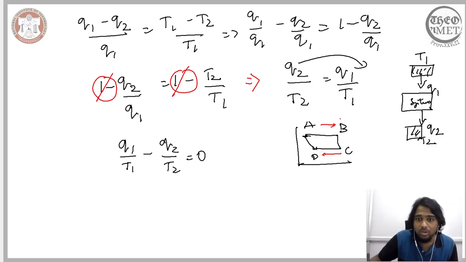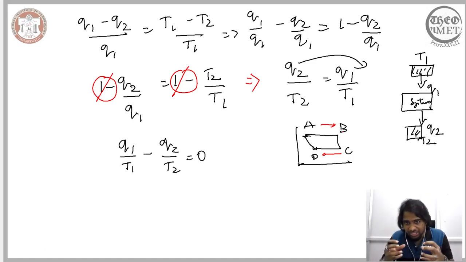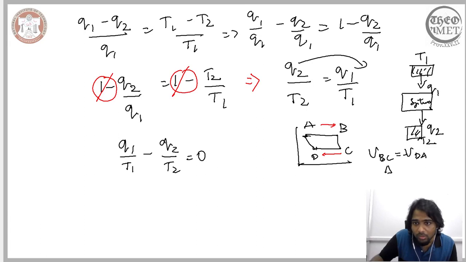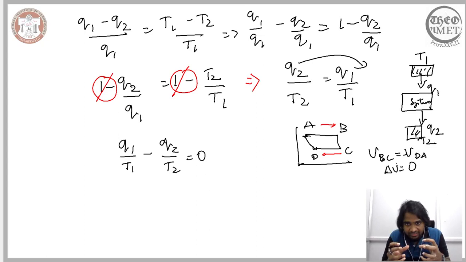However, because the overall change in the internal energy should be zero, the internal energy change when the system moves from B to C cancels out the internal energy change when the system moves from D to A. So whatever change occurs in relation to the heat transfer, as we have considered here, occurs when the system moves from A to B and C to D.